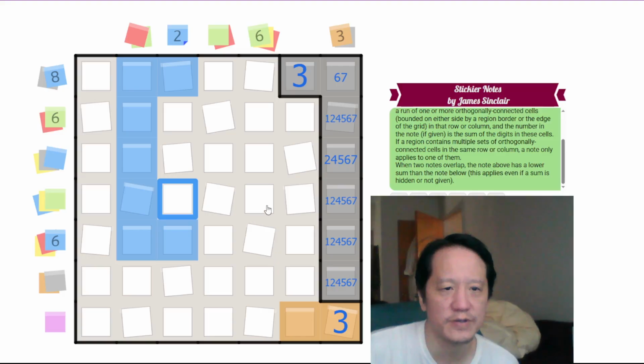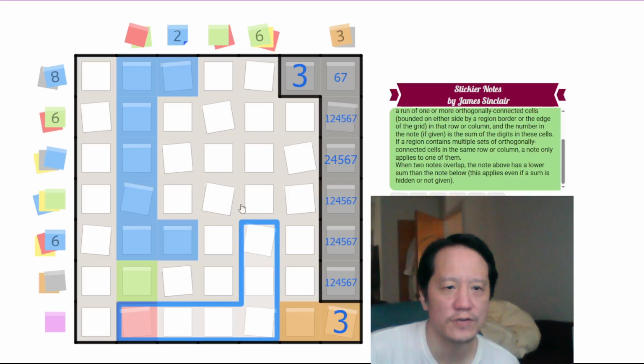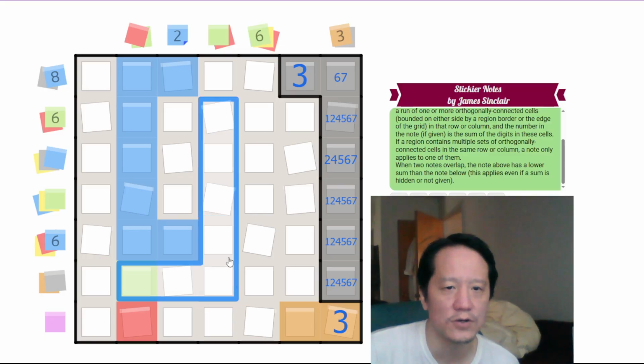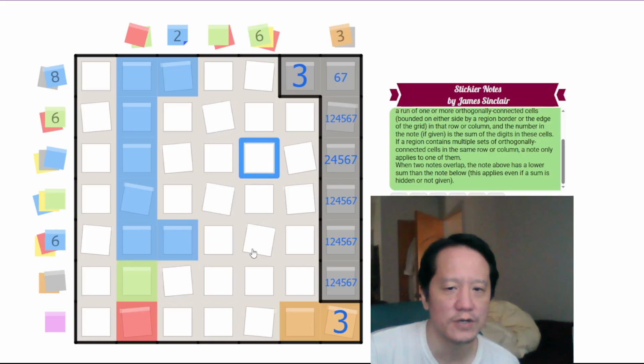Even this is going to be a little funky. Green and red would both have to be here. There's no way red can reach. Green has to reach here, which is possible, but then can't reach there. And red has to reach here. So this can't ever be blue that way.